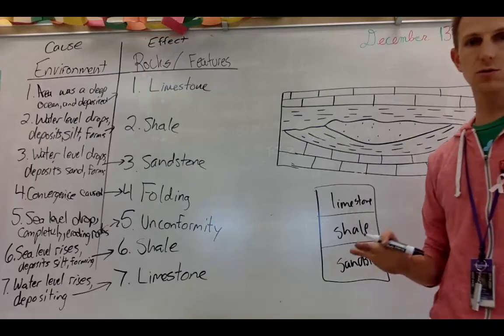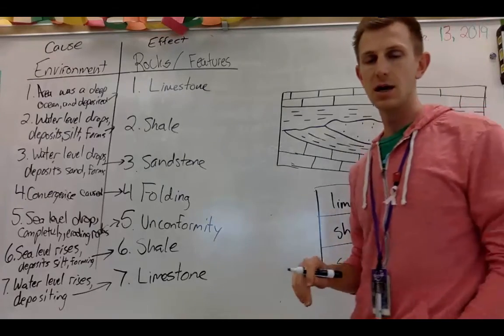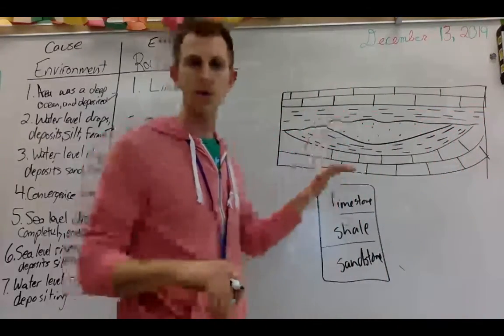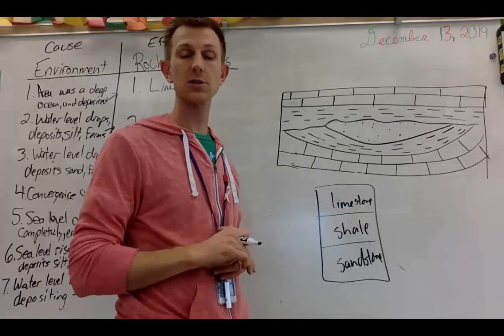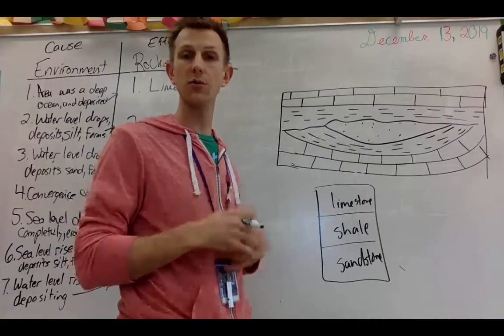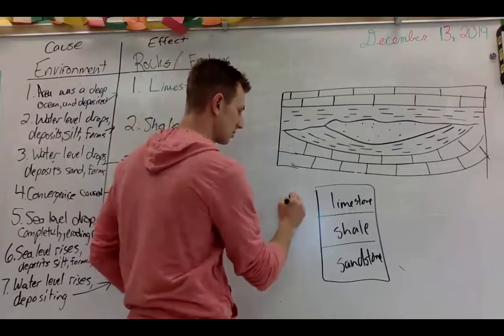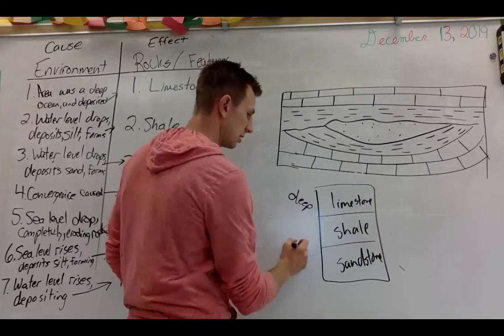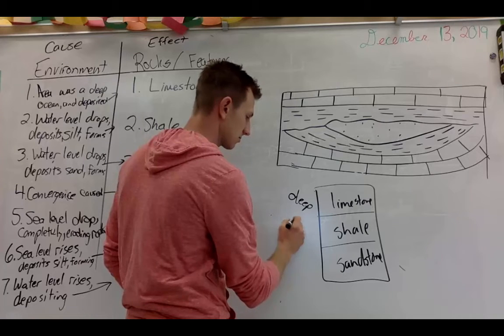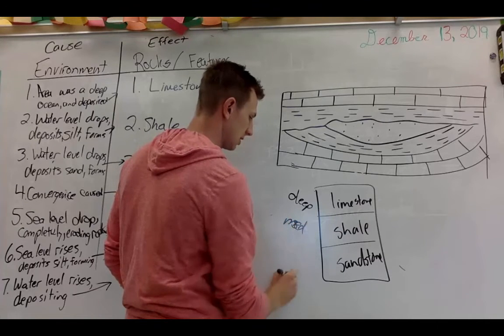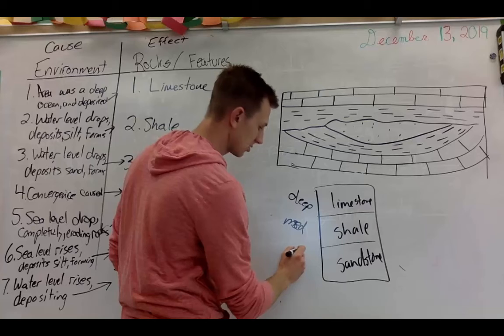If we're trying to tell the story of these areas, looking at the pattern of what has happened in the environment, we might actually be able to figure out what are some other resources that humans might want in that area. So limestone is deep water. Shale is kind of a medium level. And then sandstone is shallow.